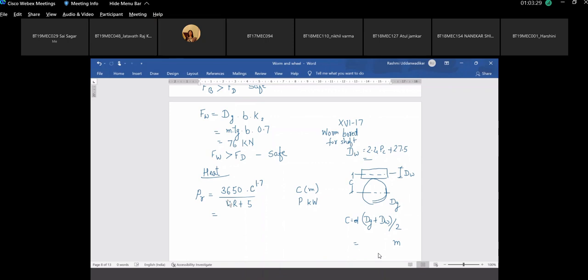We have to make sure that this is the permissible rated power which a worm and worm wheel assembly with this center distance and velocity ratio can permit. This value should be higher than the rated motor power that we are designing for. What is dW?